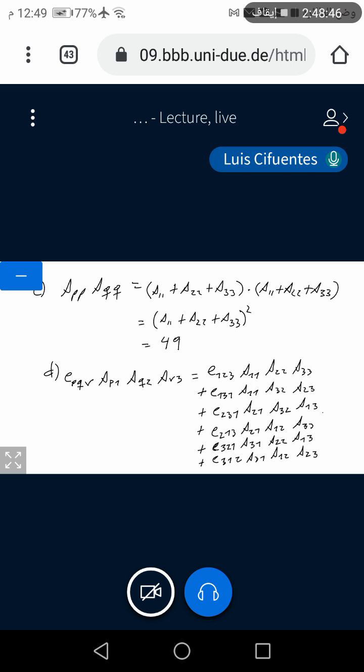I go back here for those people that didn't have time to write down the full equation. I will give you 10 seconds to continue.